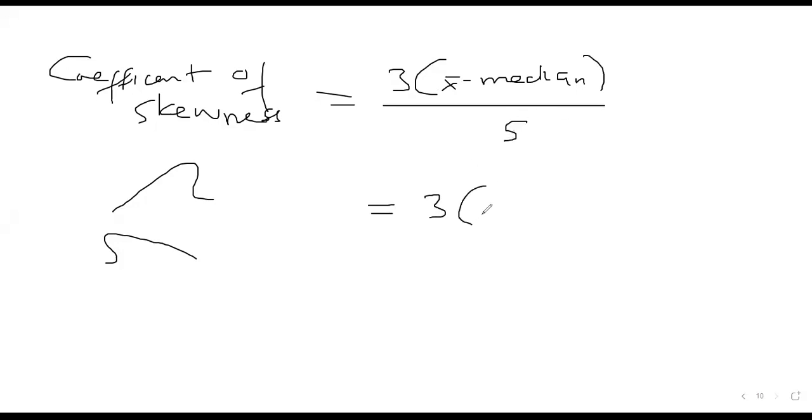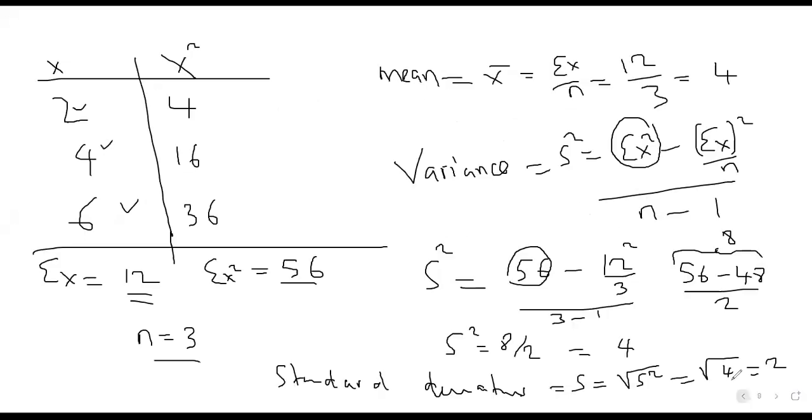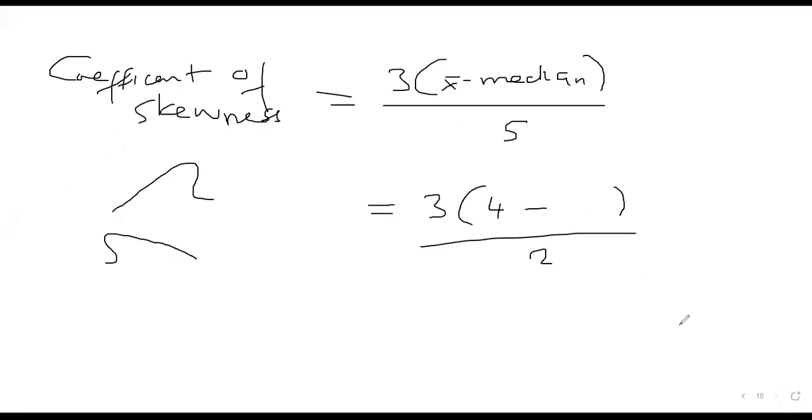So our mean is what? 4. Our standard deviation is 2. Our median is the number in the middle. Since I already arranged it in order, 2, 4, 6, which one is in the middle? 4, right? So 4 is the median. So 4 minus 4 is 0. 0 times 3 is 0. 0 over 2 is 0.